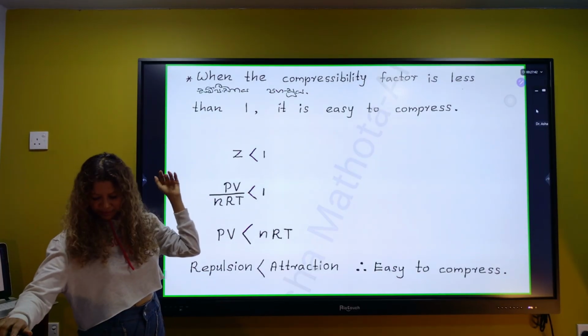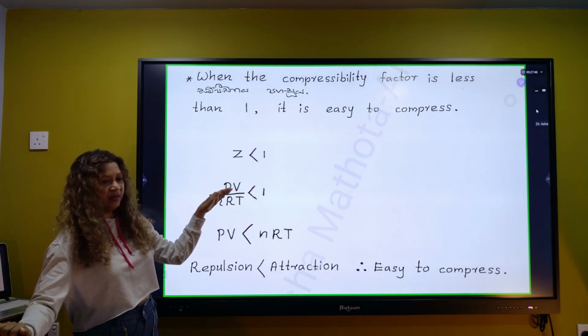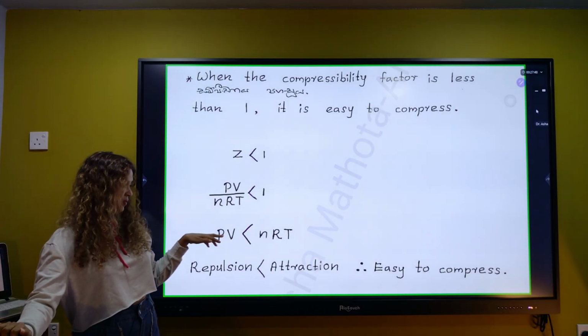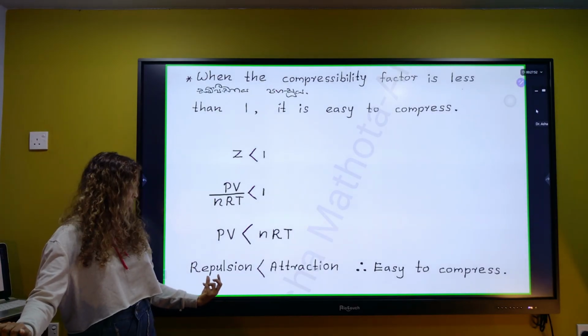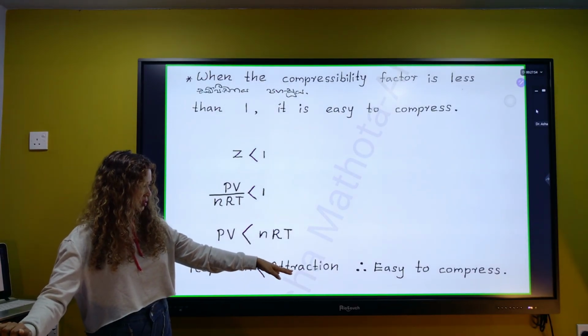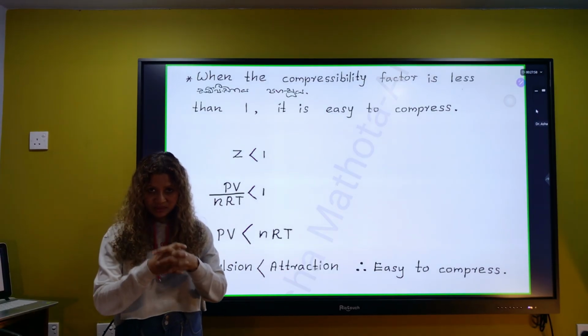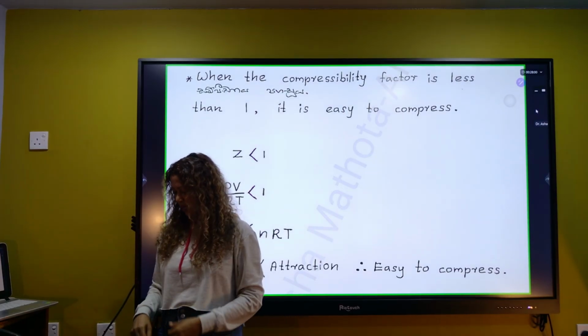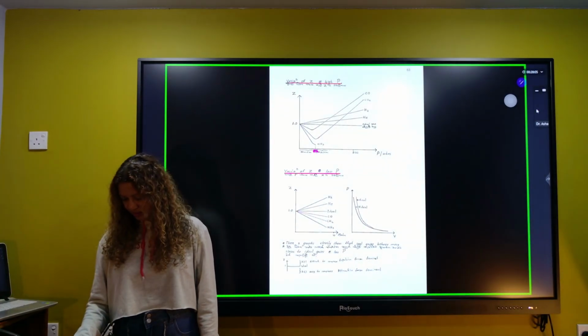Then what happens? PV is now smaller than nRT. PV smaller means repulsions are less compared to attraction. Now the attractions are greater. Molecules get closer to each other so that you can easily compress the gaseous samples.